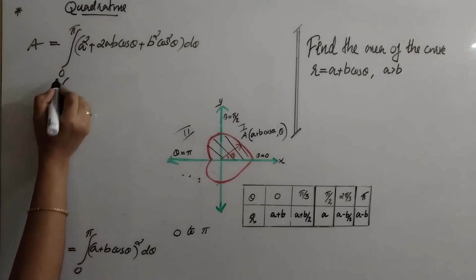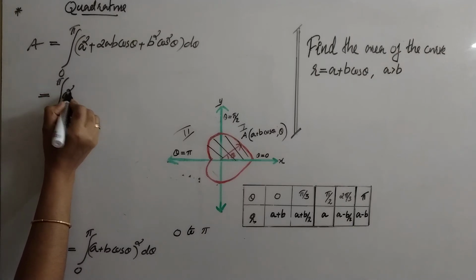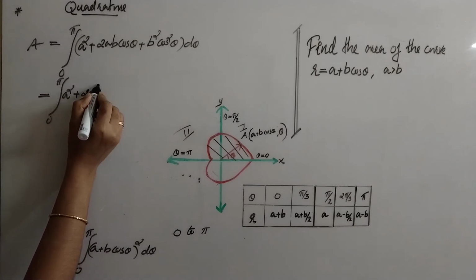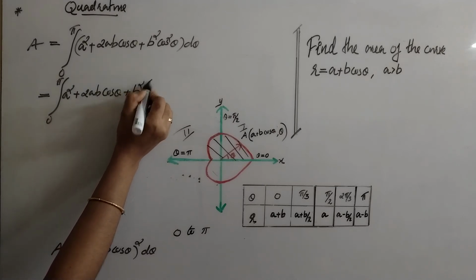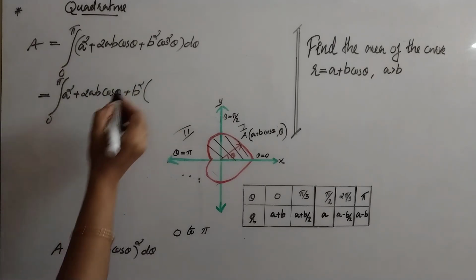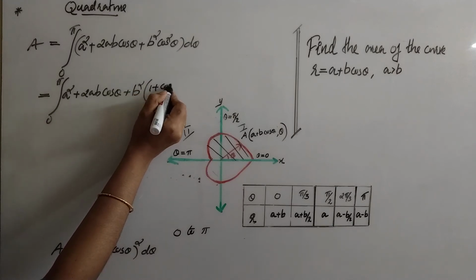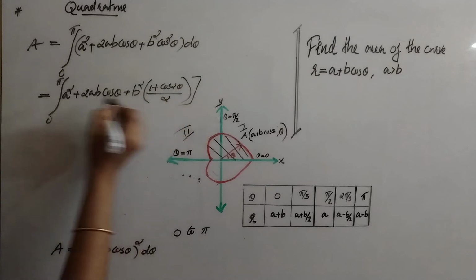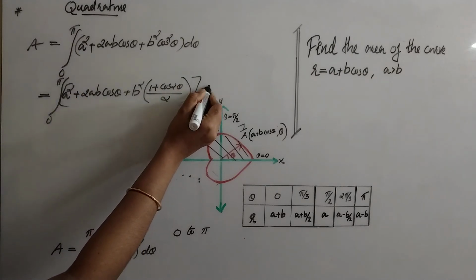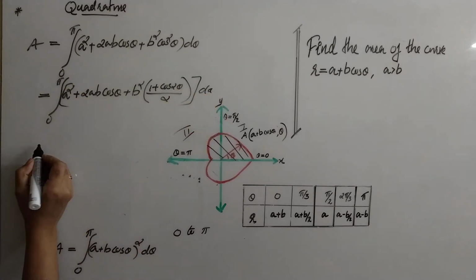Integral from 0 to pi of a squared + 2ab cos theta + b squared into cos squared theta, which is (1 + cos 2 theta) by 2, d theta.